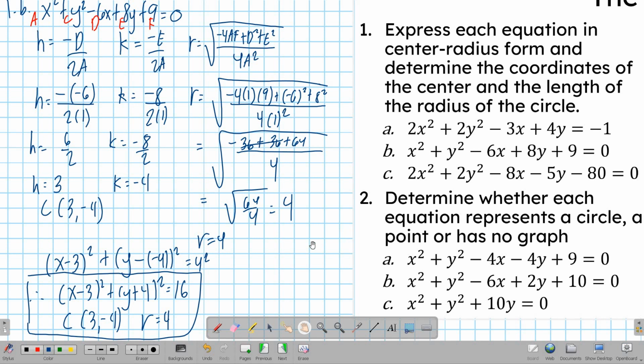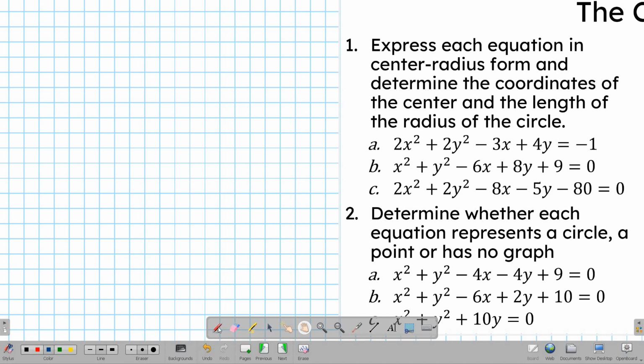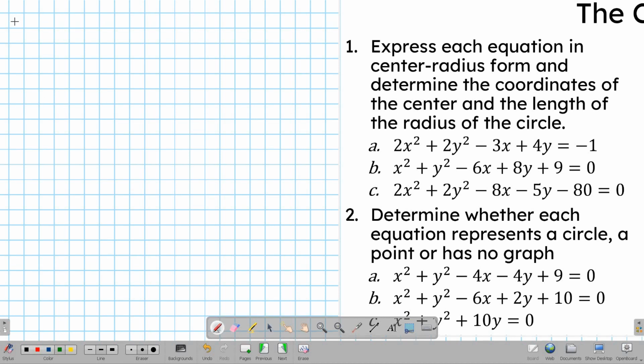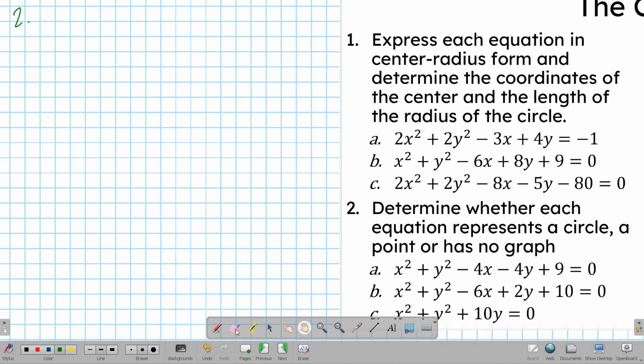Now, let's proceed with number 2. In number 2, we are asked to determine whether the equation represents a circle, a point, or no graph. If it's a circle, there has to be a radius r.